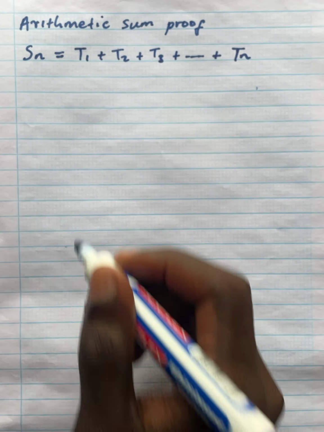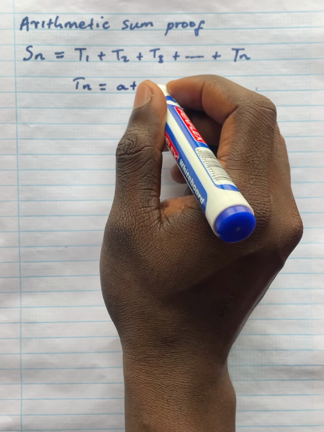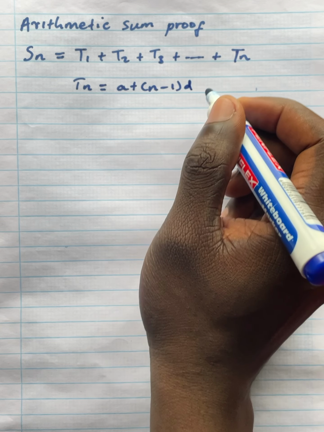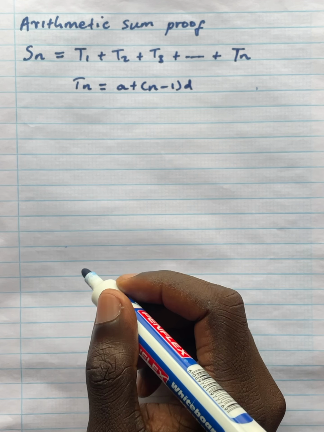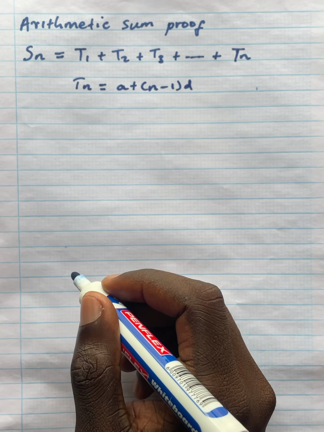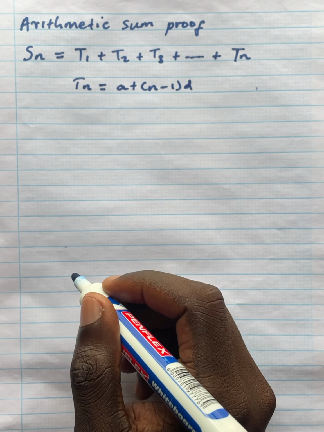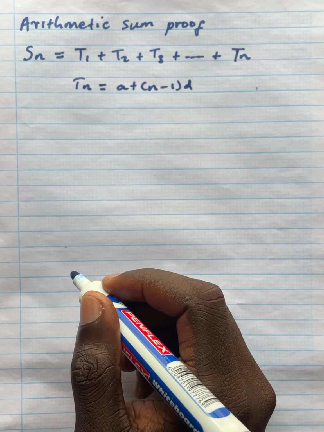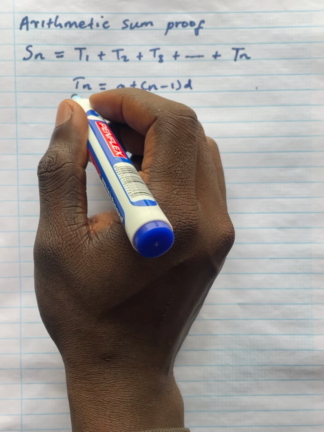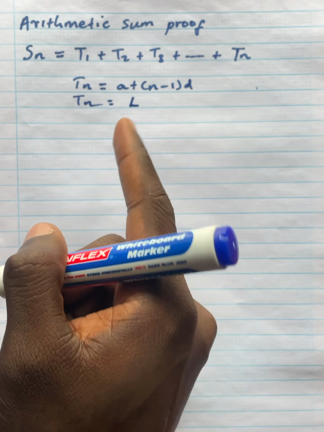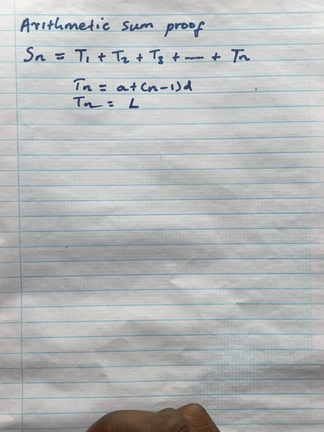You have to know that tn is equal to a plus (n minus 1)d. That's the formula for tn. I believe you already know that if you are looking at the proof of this arithmetic sum. And then you also have to know that tn is equal to L. L means the last term.